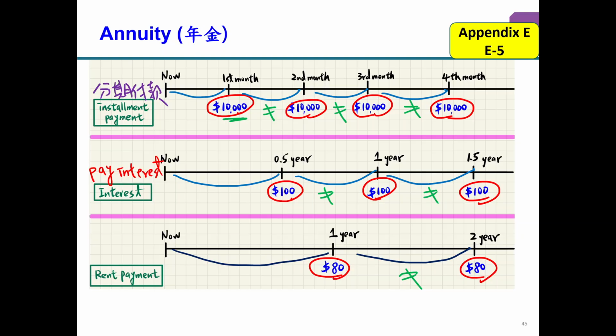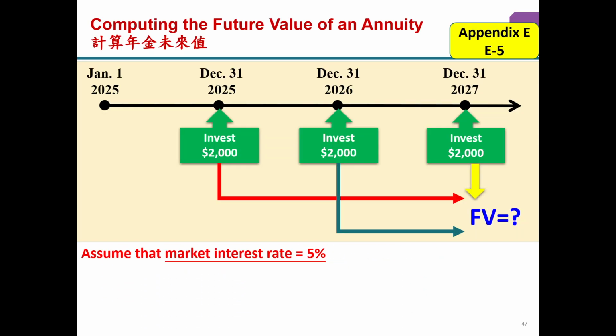So for example, on your slide, page 47, we want to invest $2,000 every year. How many times? 1, 2, 3. Same amount for same period, every 1 year. So that's annuity. How to get the future value? Look at the first one. First $2,000.